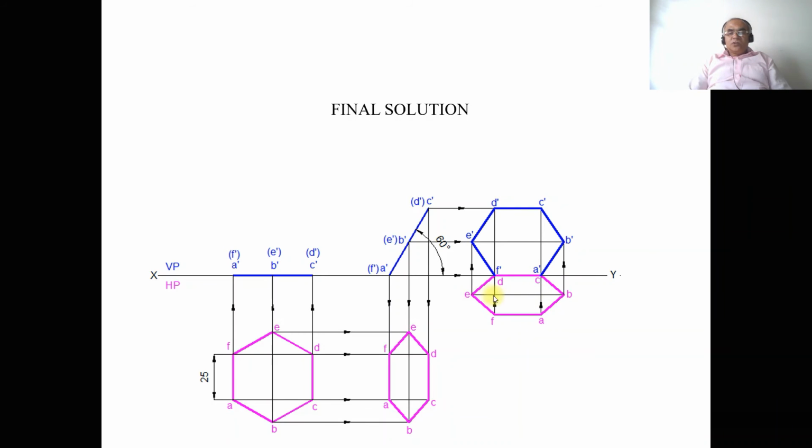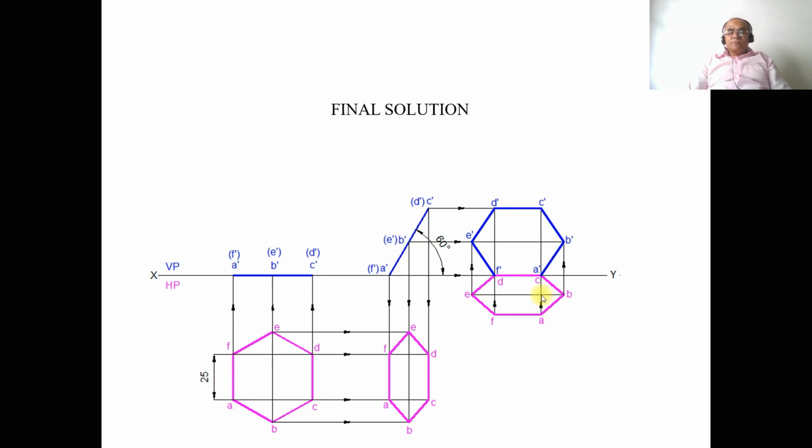Then draw a horizontal line. Similarly, with C as center, take the distance from C to A, which is the same as D to F, and transfer from C on this vertical line and also from D on this vertical line, and mark this point as A and F. Then you measure the distance from this point to E and also from this point to B. Both these points will have the same distances.